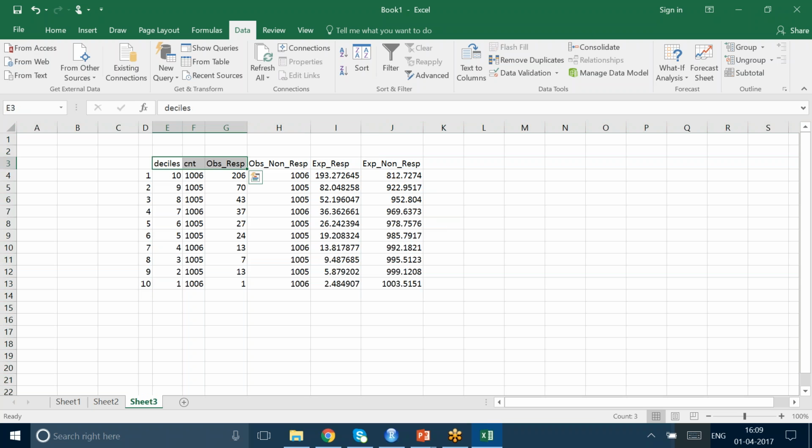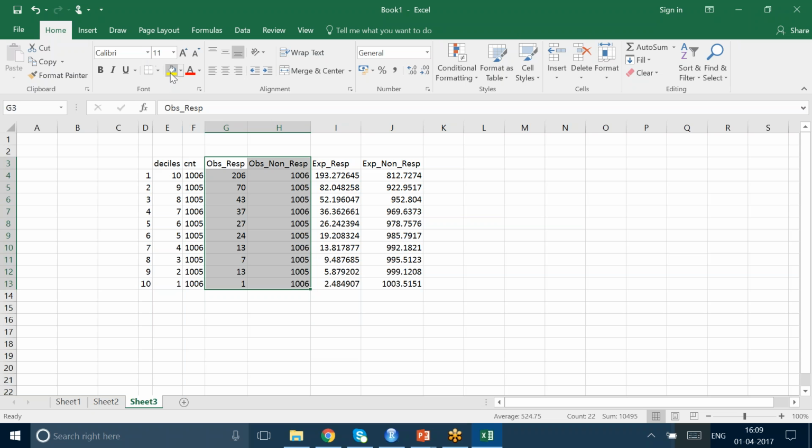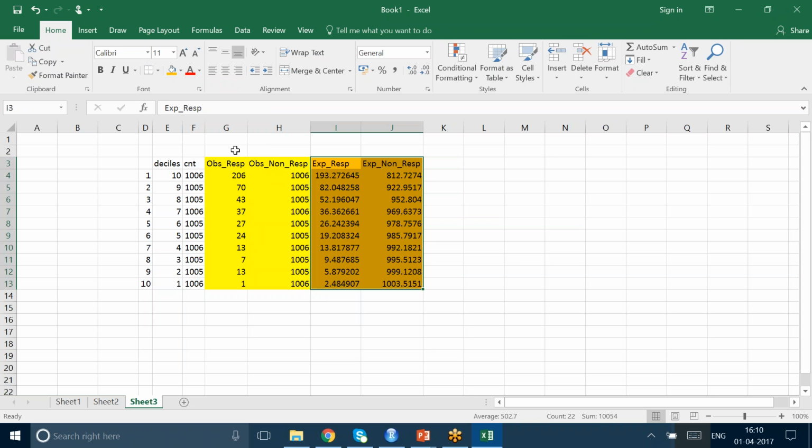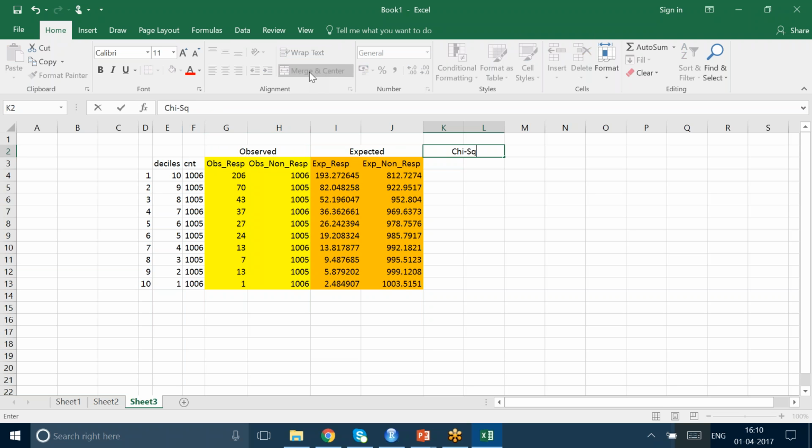This is my observed table, and this is my expected table. And the chi-square formula is observed minus expected, the whole square, divided by expected.